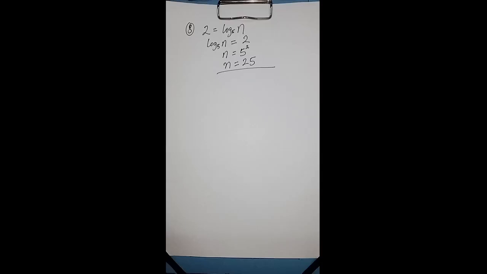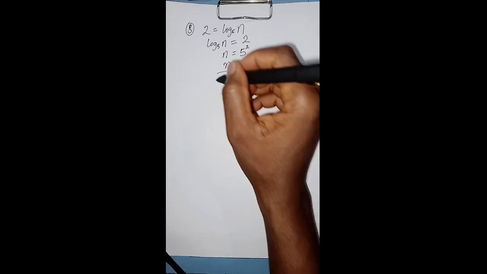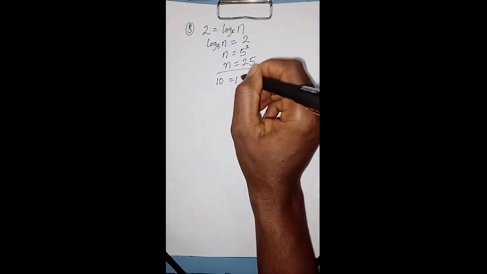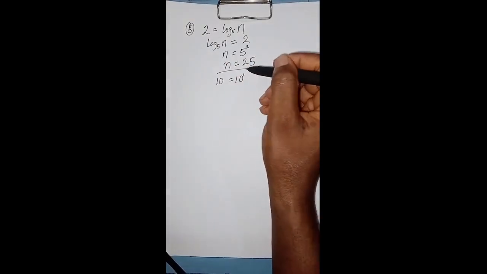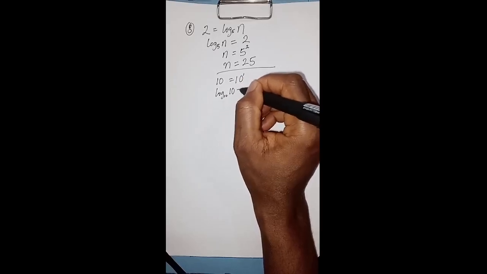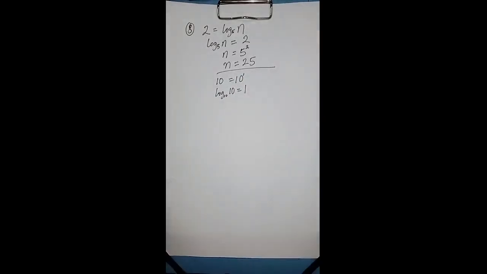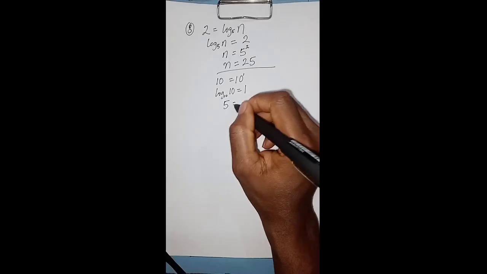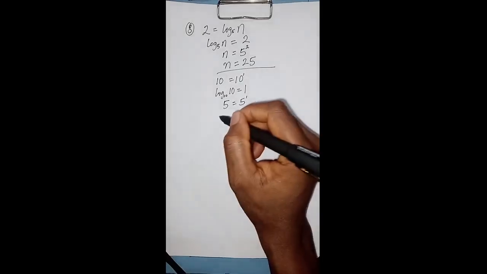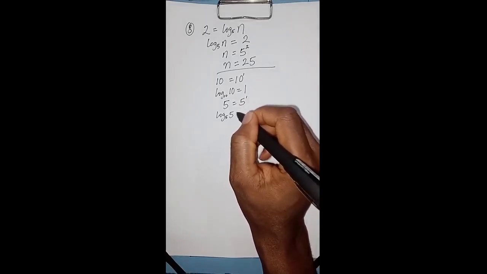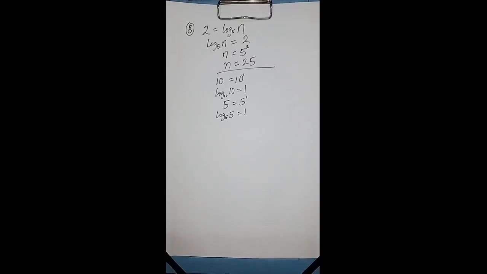Now let's establish another principle that could guide us. If I say 10 is equal to 10 raised to the power 1, then I'm saying that log 10 to base 10 is equal to 1. If I say 5 is equal to 5 raised to the power 1, then I'm saying that log 5 to base 5 is equal to 1.